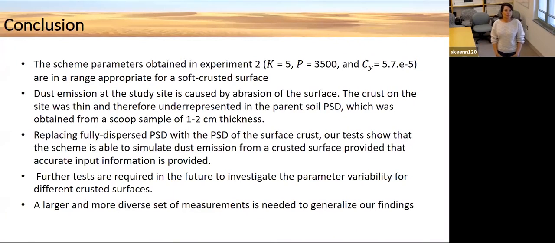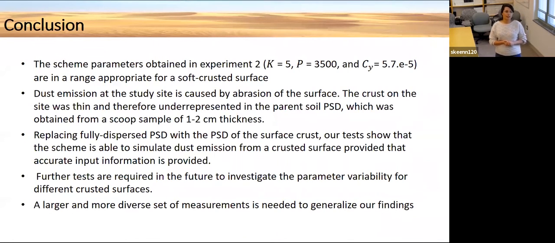So as a conclusion, by modifying the scheme parameters, we could get a better magnitude and timing of saltation flux. But by having a better representation of particle size distribution, by having a better representation of soil characteristics, we could improve the representation of timing, magnitude, and particle size distribution in the model.